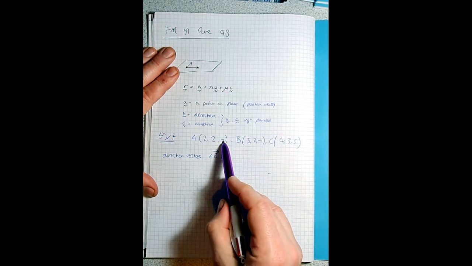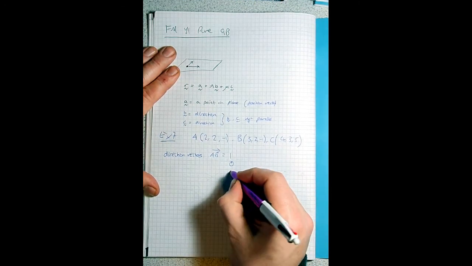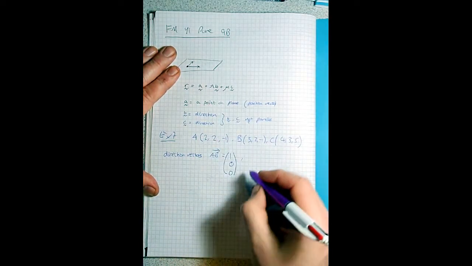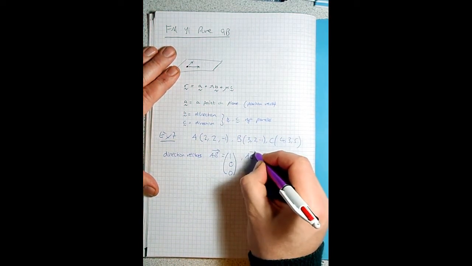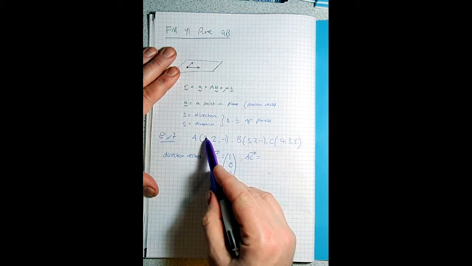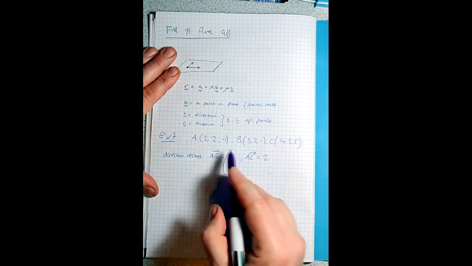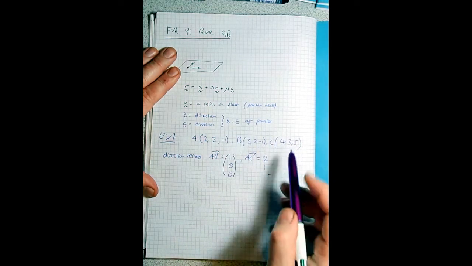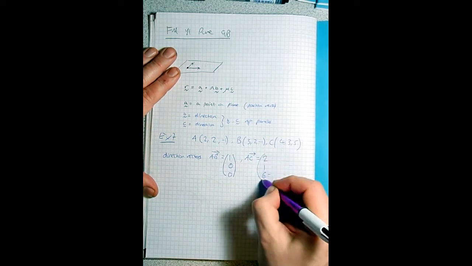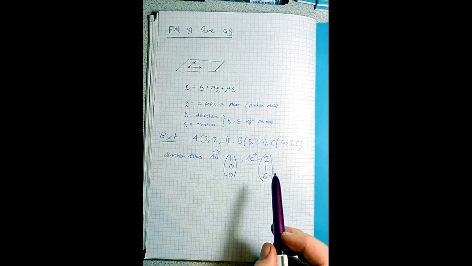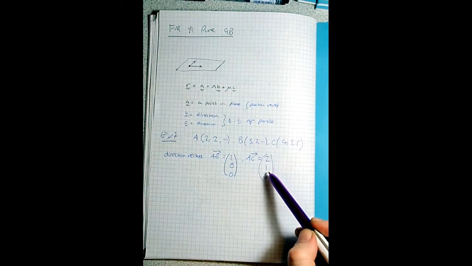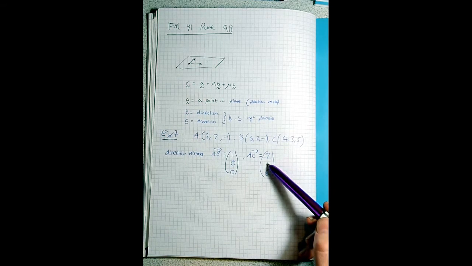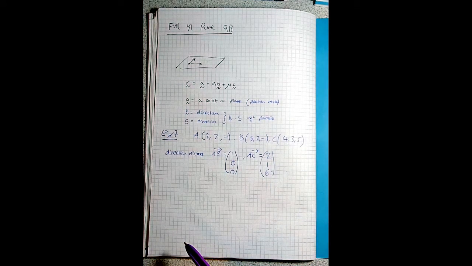And from minus 1 to minus 1, I don't go anywhere. And for A to C: 2 to 4, that's 2. 2 to 3, add on 1. And minus 1 to 5, that's 6. Just a quick glance, none of these will simplify. If that was a 2 I could halve everything, but I shan't bother.